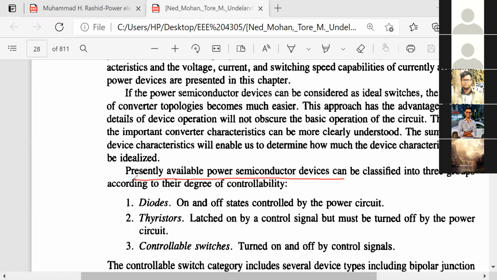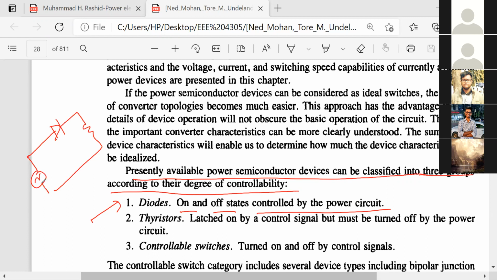Presently available power devices can be classified into three groups according to controllability. First, diodes. Diodes are switches you cannot turn on and off by control. Suppose I give an example. Are you familiar with this one? Yes, sir.